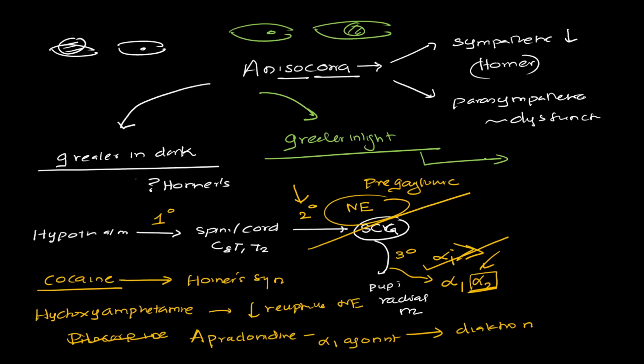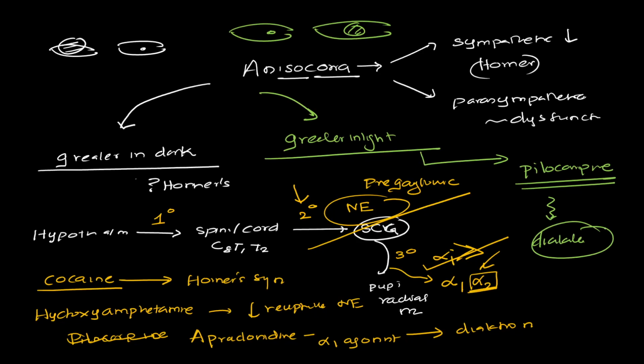So in this case, we can use a slit lamp as well to identify this, but we can use pilocarpine. Once this is utilized, the affected eye will dilate and respond.